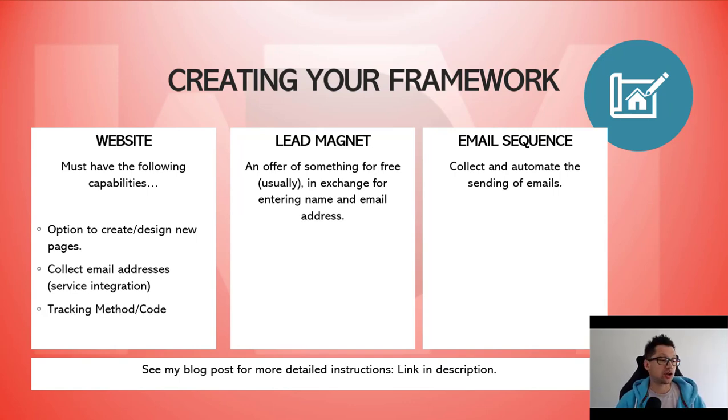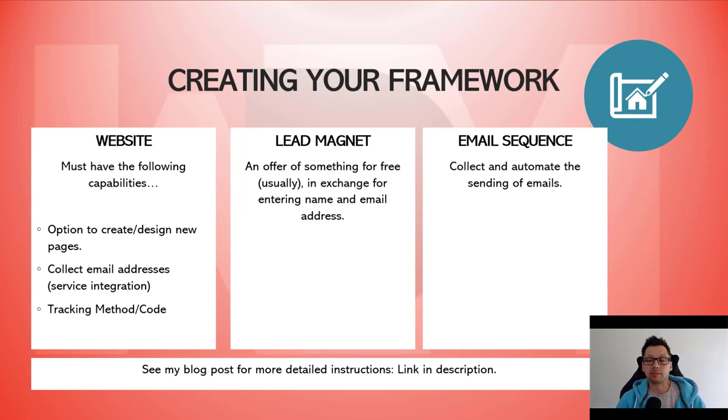And you need to be able to insert a tracking code. Now, that sounds a bit scary, especially at the time of writing with all the things that are going on with Apple and Facebook, etc. But we're not talking about intrusive code that follows you around the web. We're talking about a way of knowing if you've opened an email, which emails you opened, or if you've bought a product, so that we send you the right email.